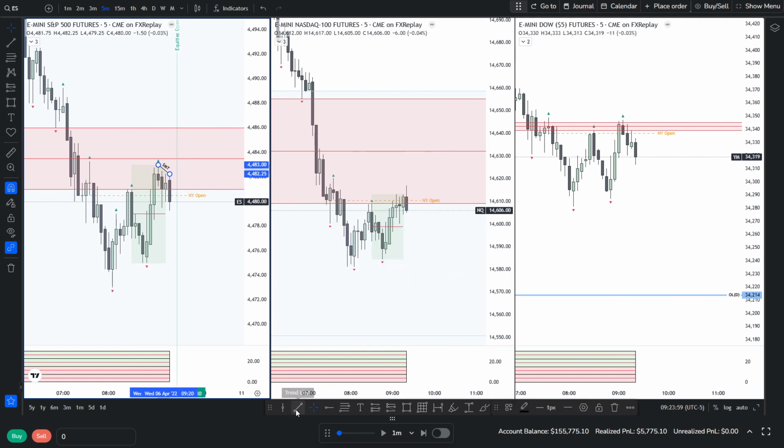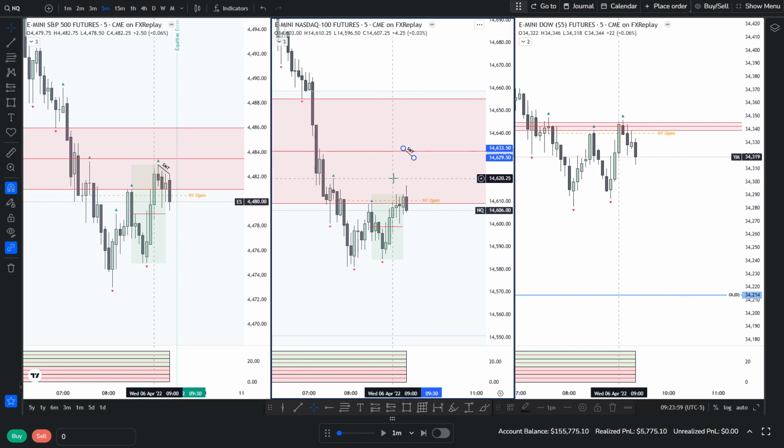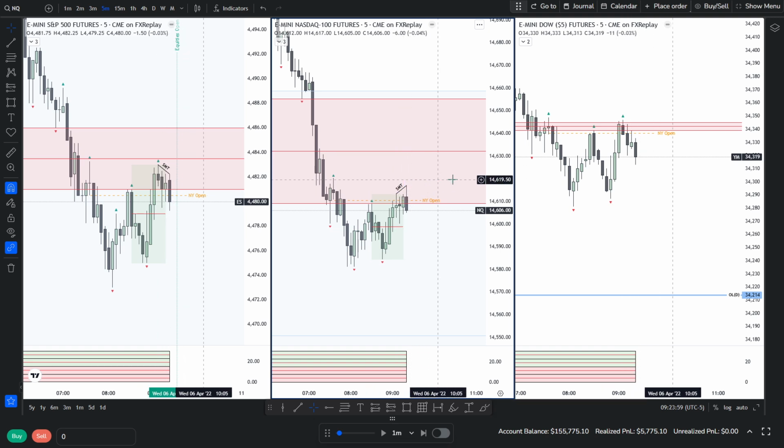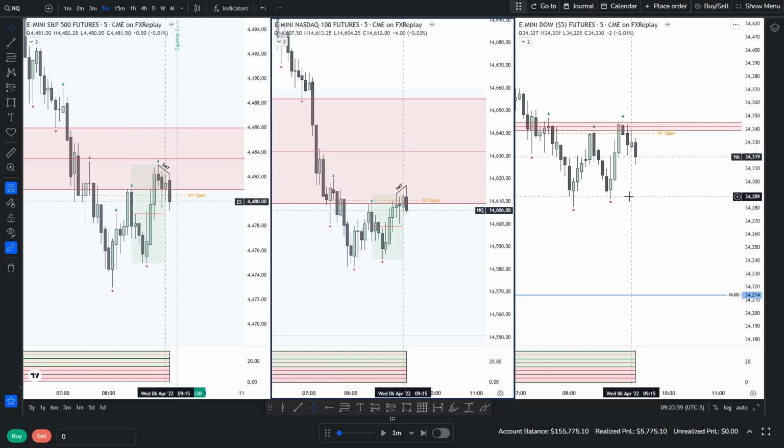However, I need to see M5 displacement. There's no imbalances here or anything like that, so I certainly want to see this candle.